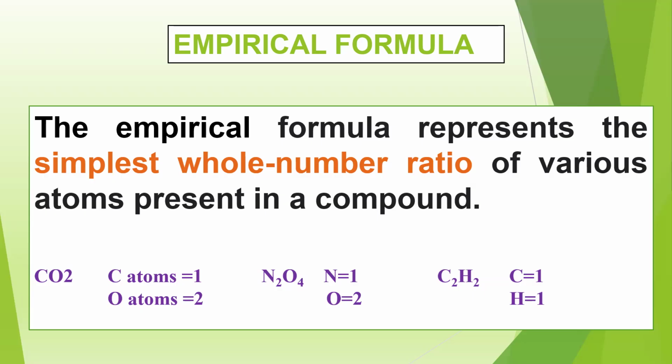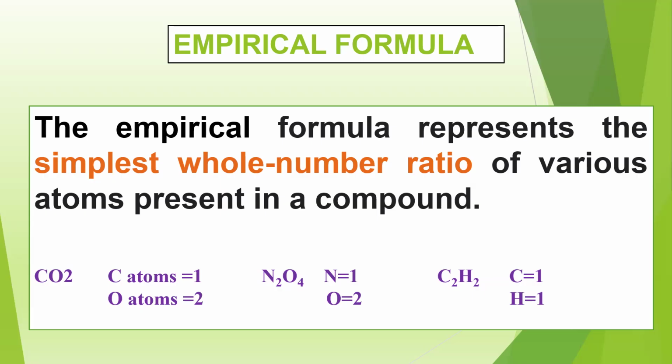Suppose N2O4, it contains two nitrogens and four oxygen atoms. But you have to take the simplest ratio, that is 1 is to 2. Nitrogen 1 and oxygen 2.